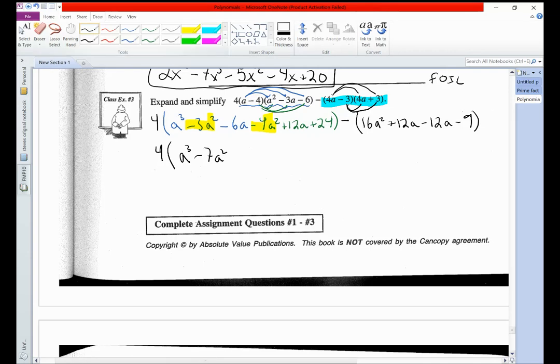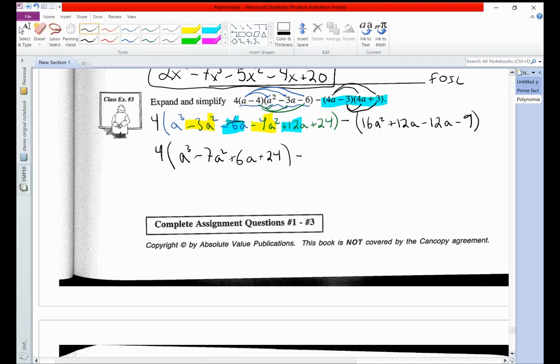And then I have negative 6a plus 12a, and that's going to give me positive 6a. And then I have plus 24 bracket.